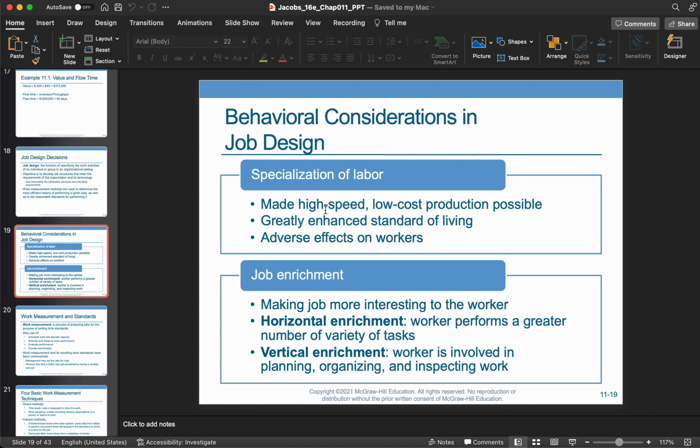But it has adverse effects on workers, because you have repetitive stress injuries. People sometimes get bored in their jobs. They might not take ownership of the product because they're only making a very small part of it.